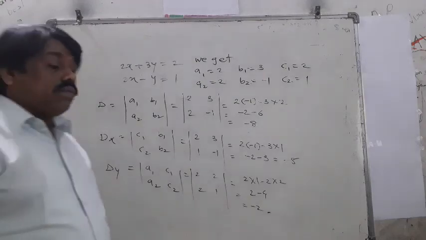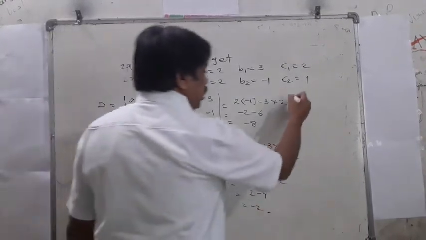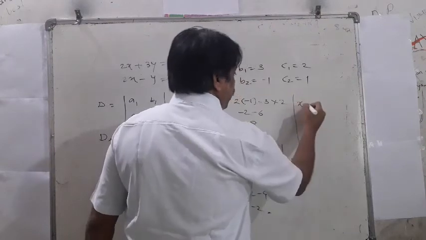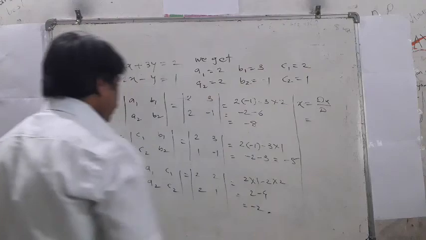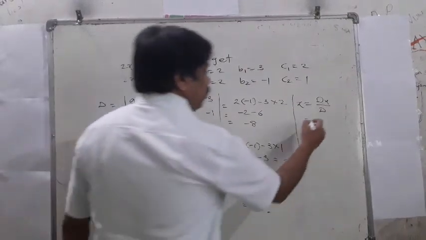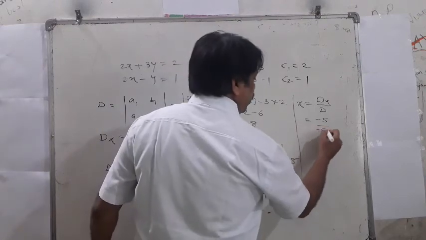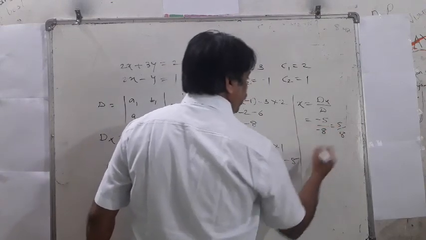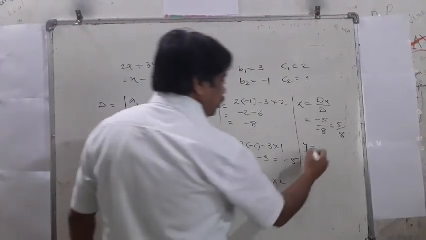Okay. Now I am going to write the final answer of x and y. It will be like this. x is equal to dx upon d and dx will be -5 upon d. D will be -8 and therefore this is 5/8. y is equal to dy upon d.